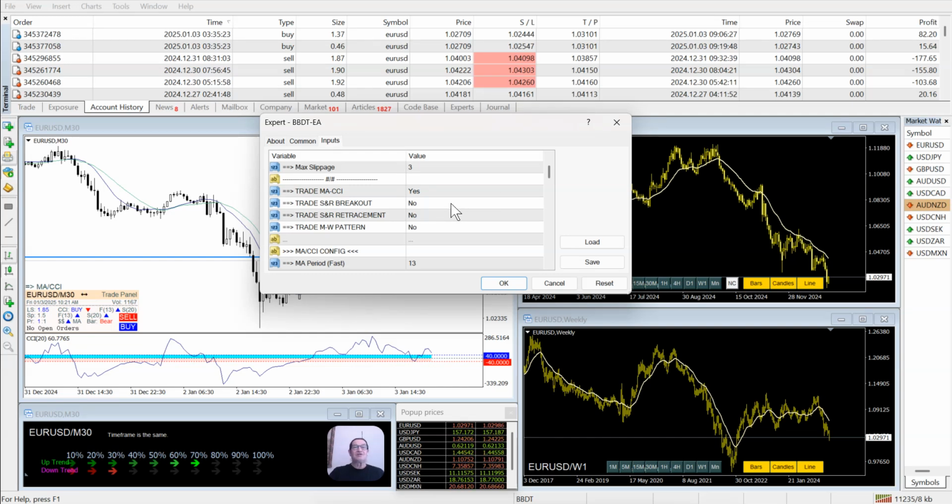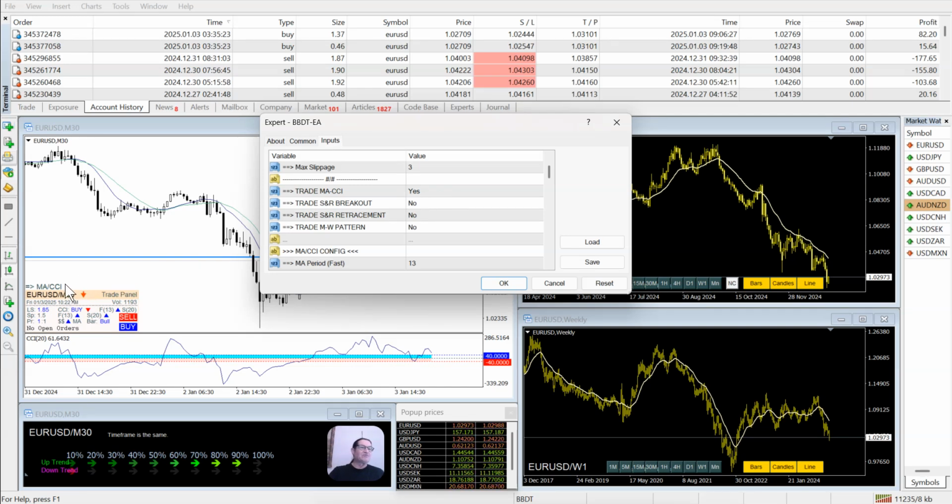It has the support and resistance breakout routine included, the support and resistance retracement routine included, as well as the M and W pattern. So all those that are set to no obviously will not be active at that moment. Only the one that is yes is active, and you see which routine you're on.